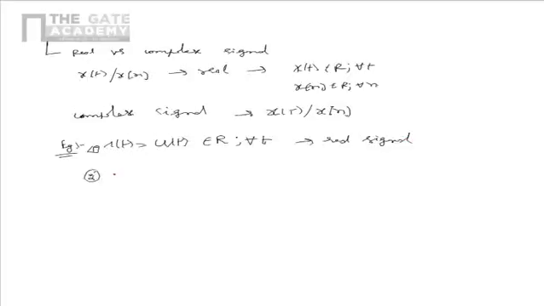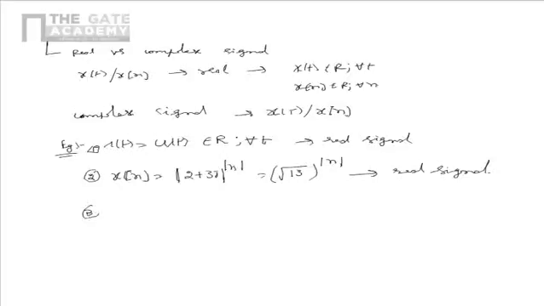Now, let us consider the signal x of n is equal to mod of 2 plus 3j whole power mod n. In this case, we see that mod of 2 plus 3j is equal to root 13, and this is whole power of mod n as per the given x of n. So x of n takes only real values, therefore the given signal x of n is a real signal.